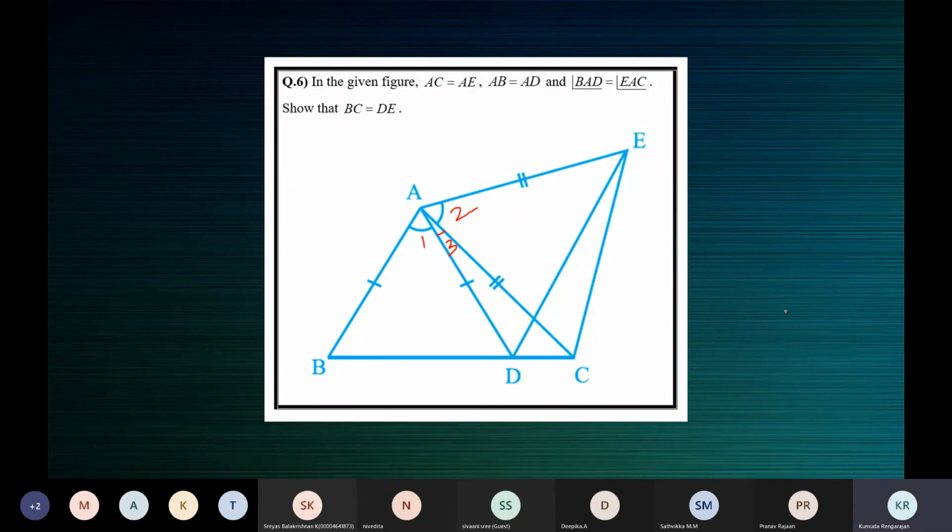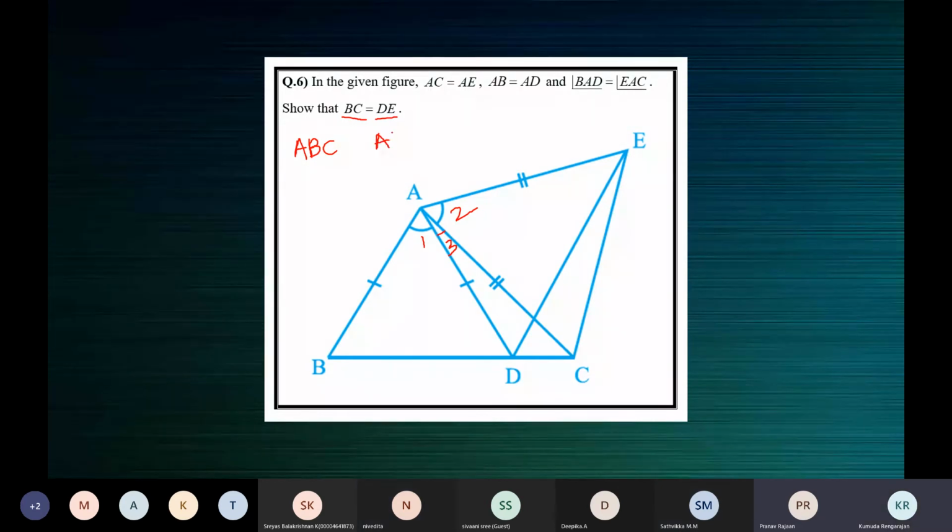BC is the side of which triangle, children? Triangle ABC, ma'am. BC is a side of triangle ABC. And DE? Triangle ADE.